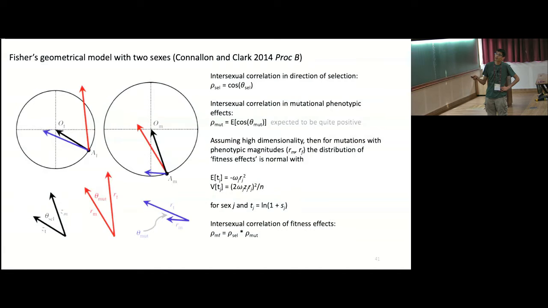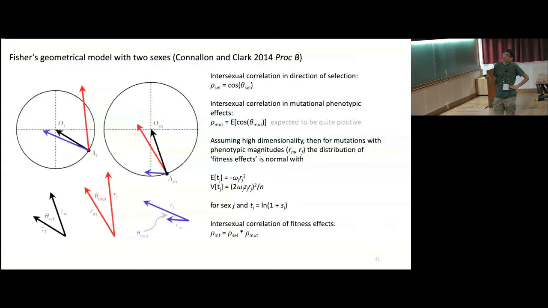The black arrow represents the direction of selection, right? And so if you were to take those 2 arrows and put them on top of each other, the angle represents the difference in the direction of selection being experienced by males versus females.